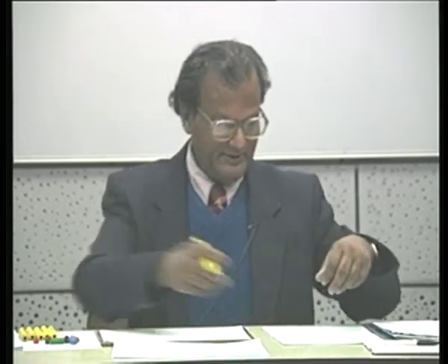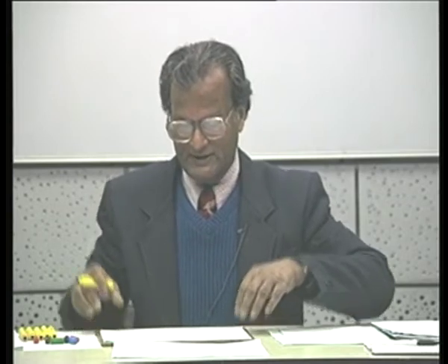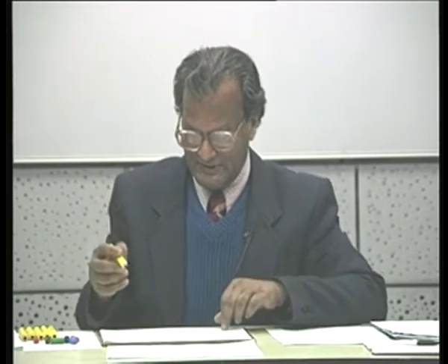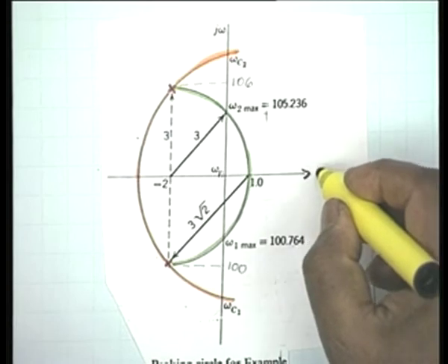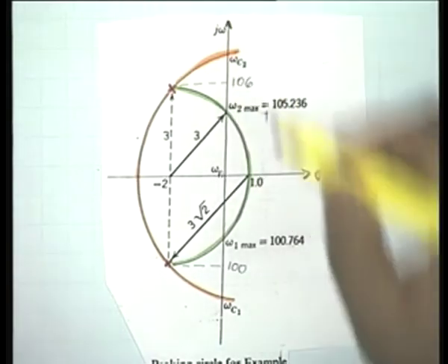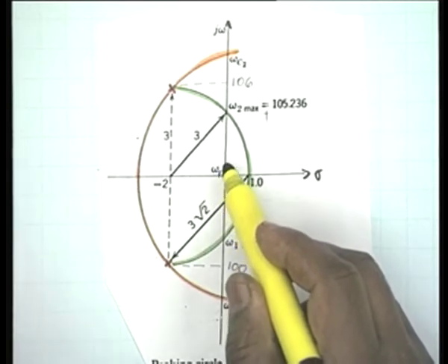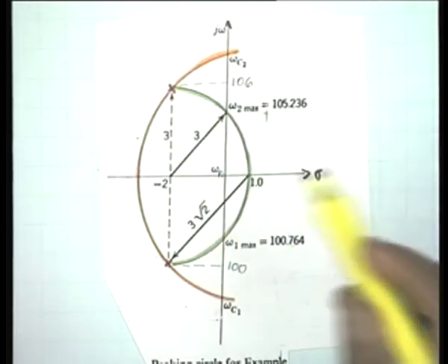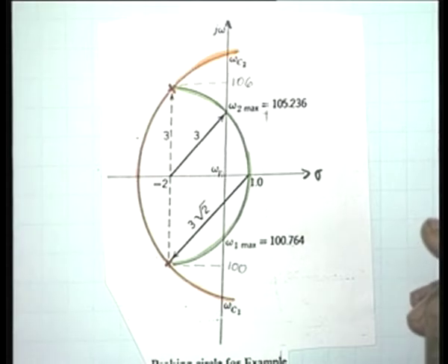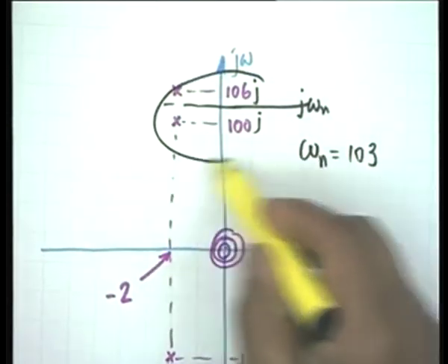Now, the peaking circle has been drawn here. The green circle here is the peaking circle. Let me explain. This is the sigma axis, this is the j omega axis, and the intersection is now at omega n, and what we are doing is we are zooming on this part.